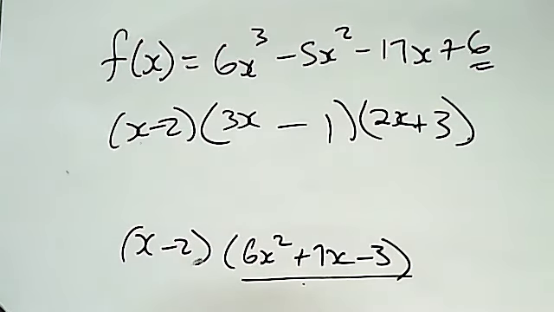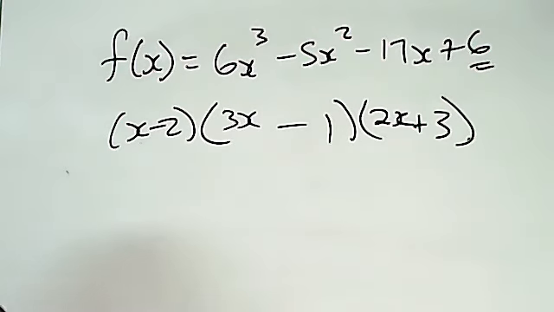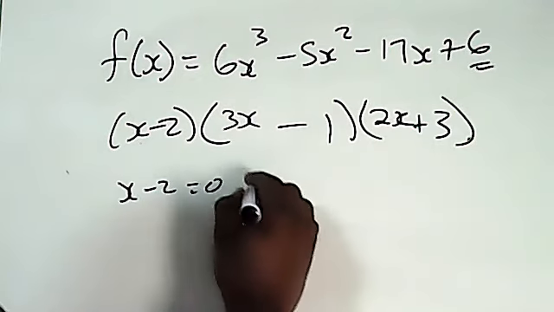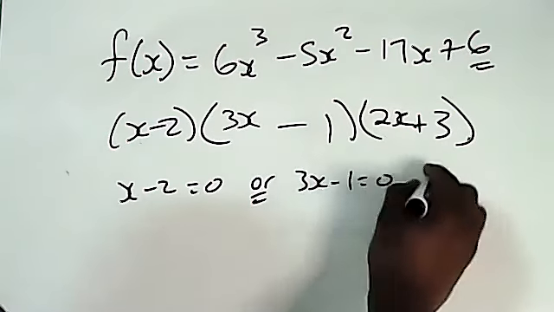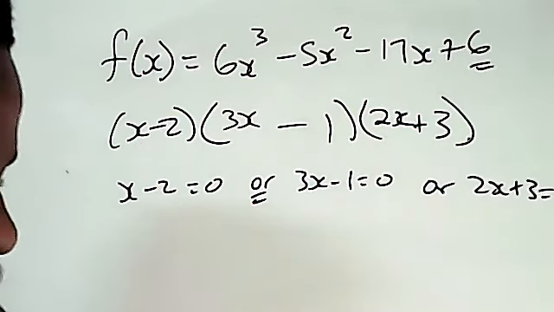From there, simply x minus 2 is equal to 0, or 3x minus 1 is equal to 0, or 2x plus 3 is equal to 0.